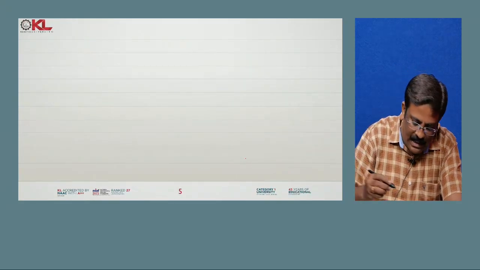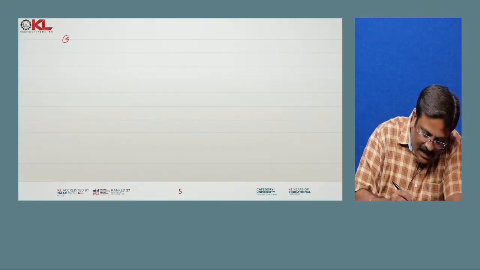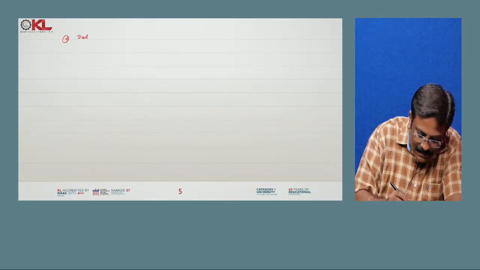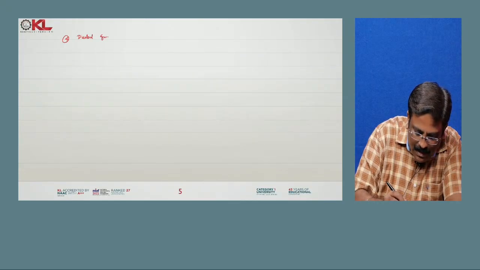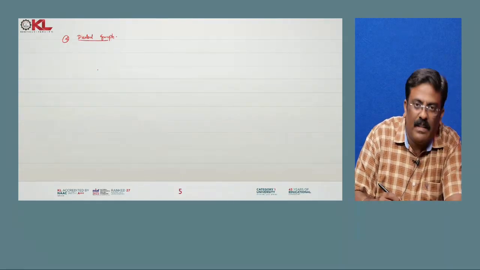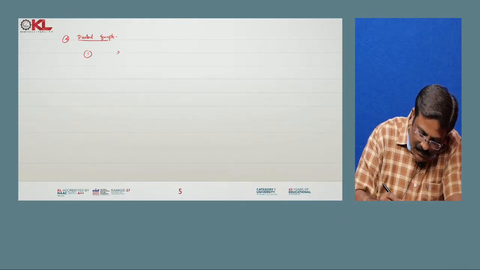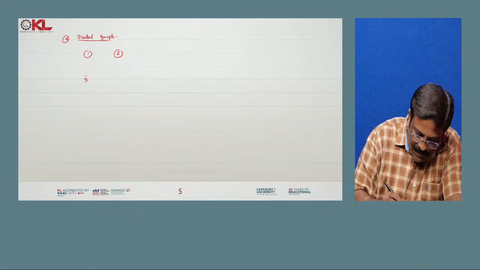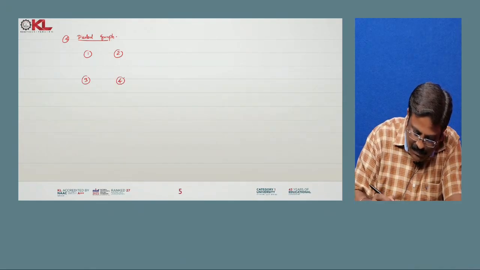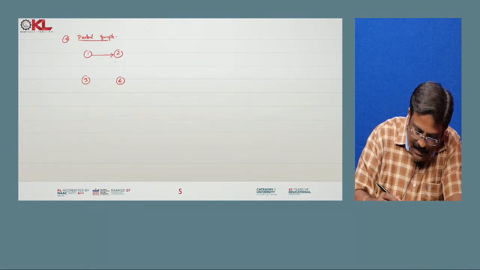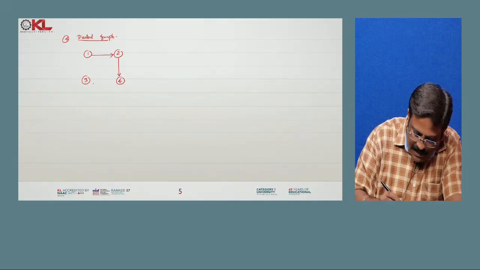Let's see the fourth category of the graph, that is the directed graph. Let me take a simple graph here: 1, 2, 3 and 4, and I just plot the directions.